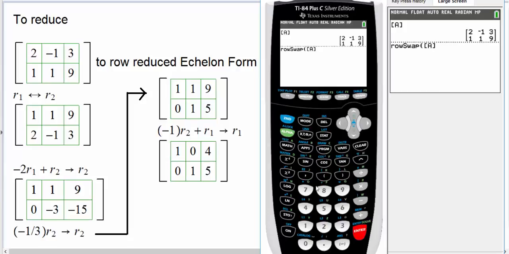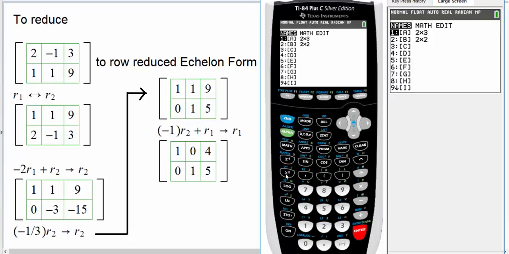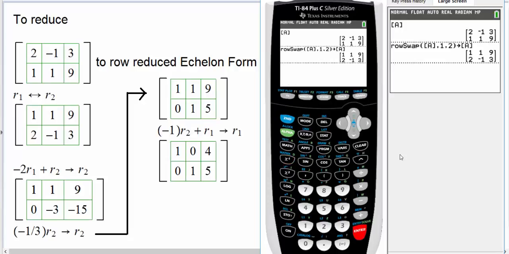We would like to swap row number 1 with row number 2, and then we would store the result as our new A. Here, when we do that, see, these rows have been interchanged, right?